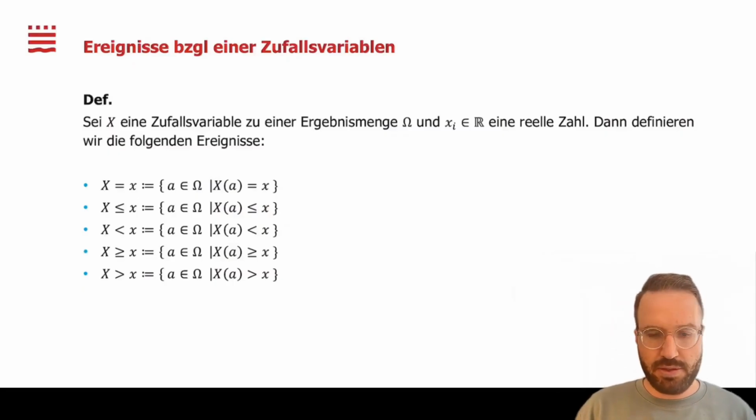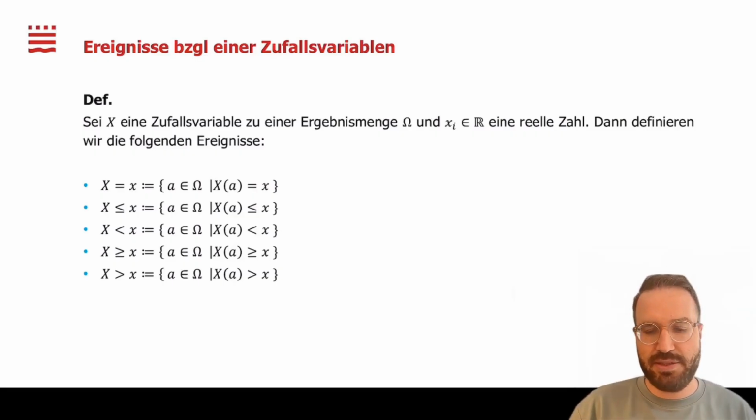In the last video we concluded by seeing that when we have a random variable, we can assign certain events to this random variable. For example, such events as x equals any number, or x is less than or equal to any number.